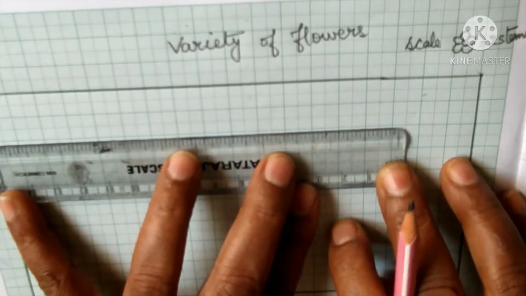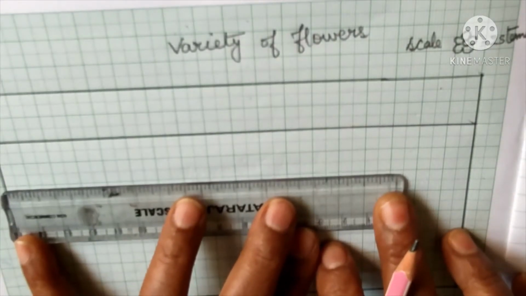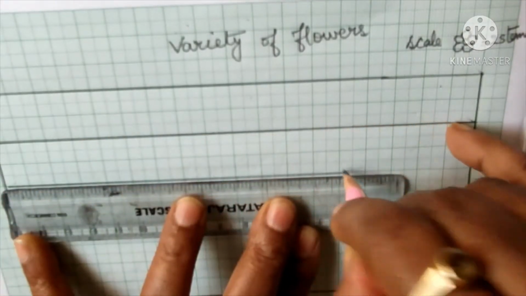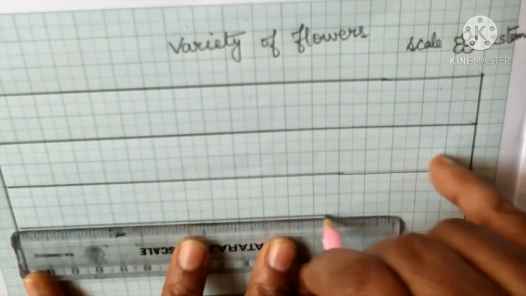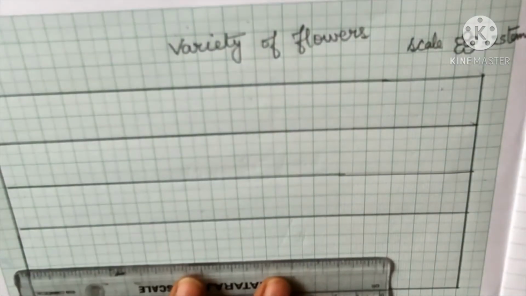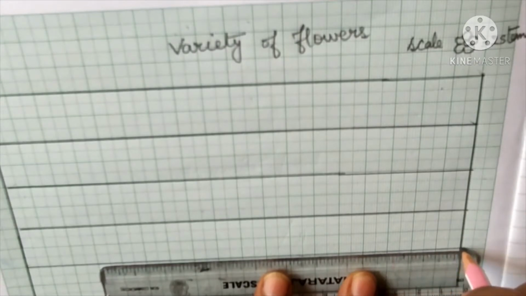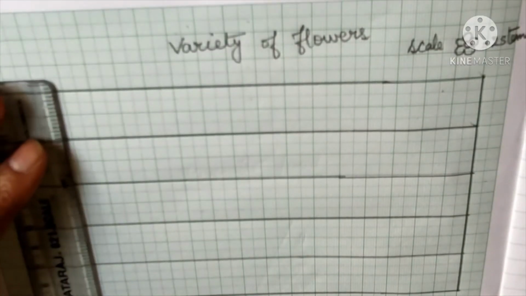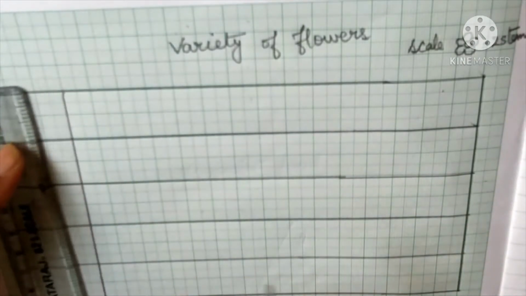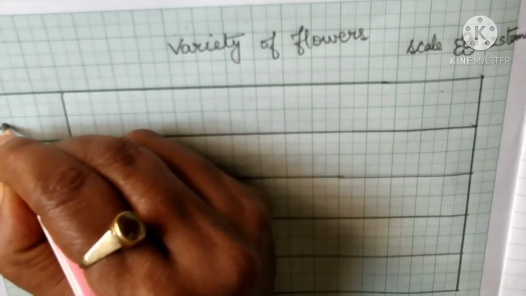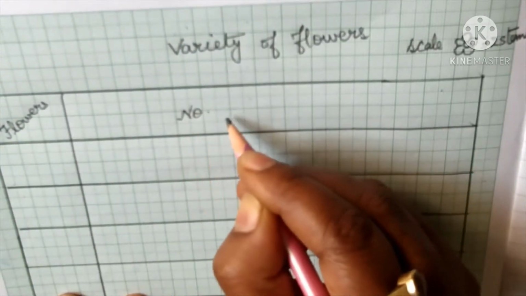I'm taking 2 squares. So 1, 2, 3 and 4. Here we will write down the flowers, and here we will write down the number of stems.